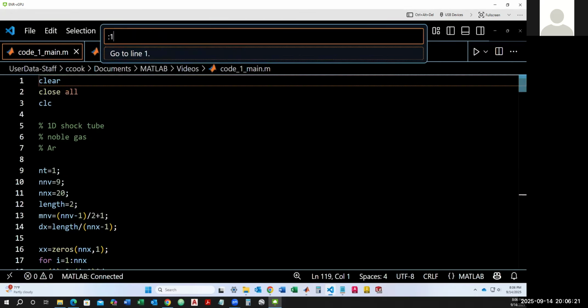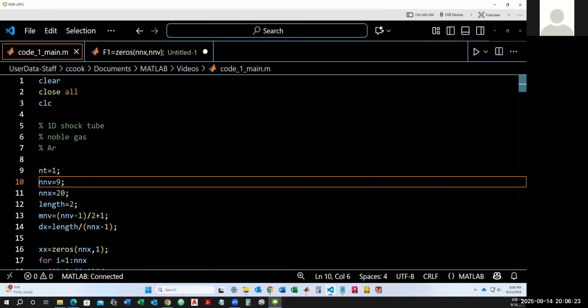For example, something that doesn't look good. Since I'm using 4 standard deviations in the precursor, then our minimum number of velocity nodes has to be 9.